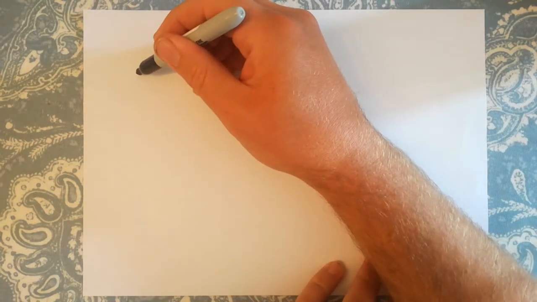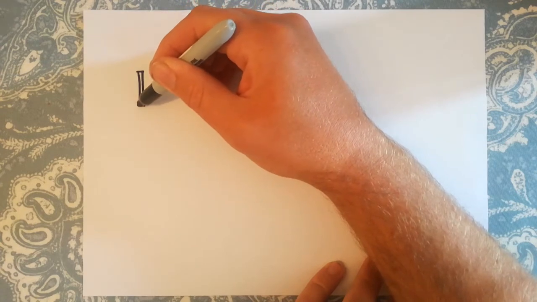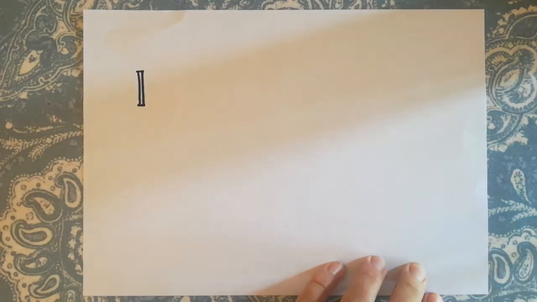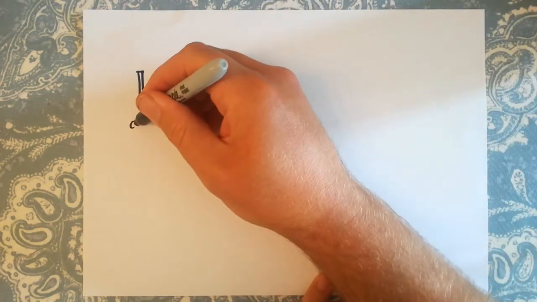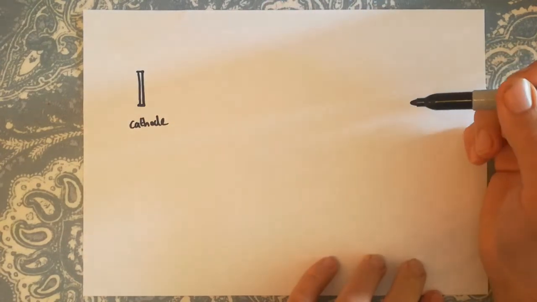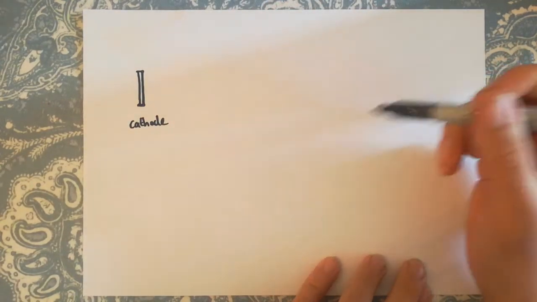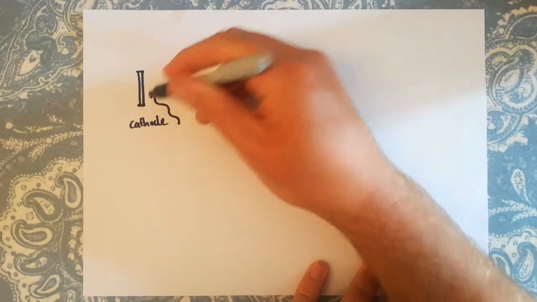So if you're going to look at the photoelectric effect in a way that you can make measurements, you need first of all a cathode, and the cathode is the piece of metal that you are going to shine light onto.